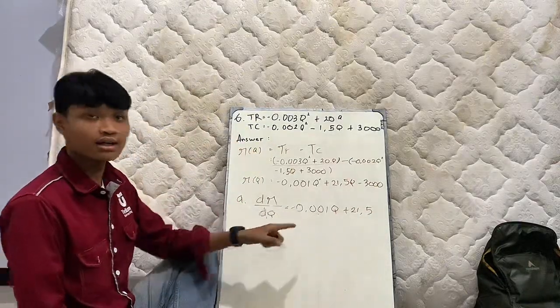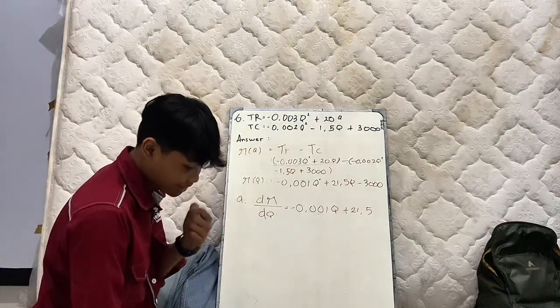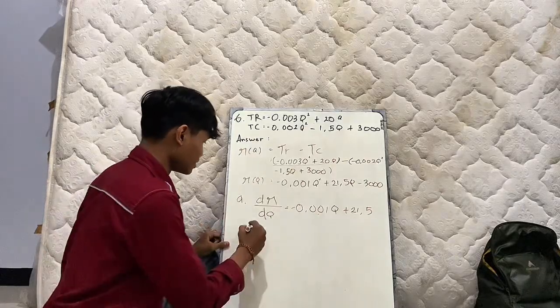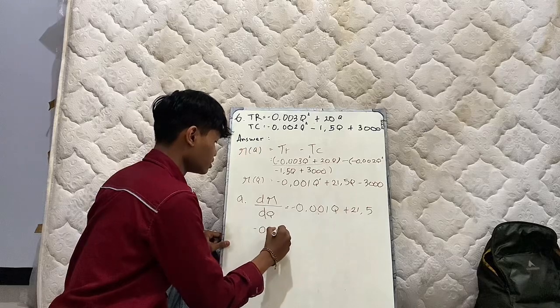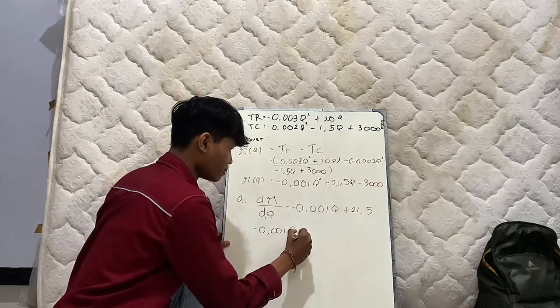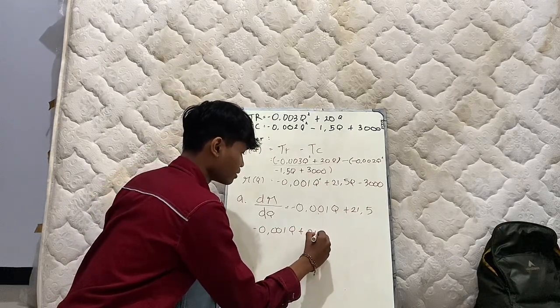After this, we set it to 0 like this: minus 0.001Q plus 21.5 equals 0.